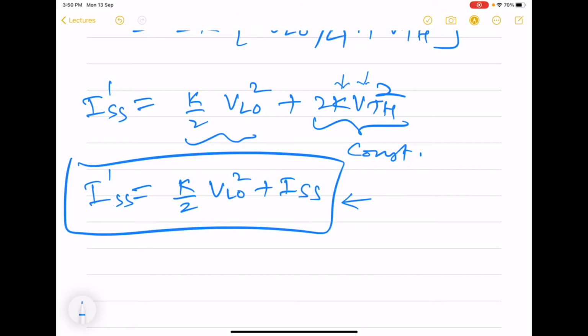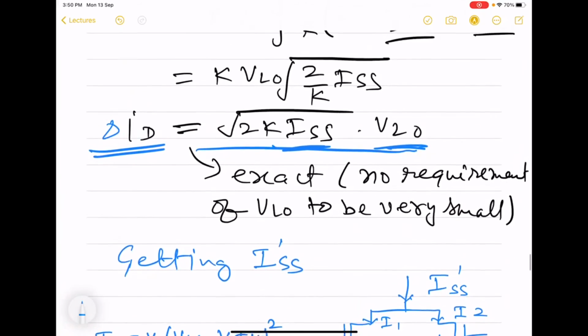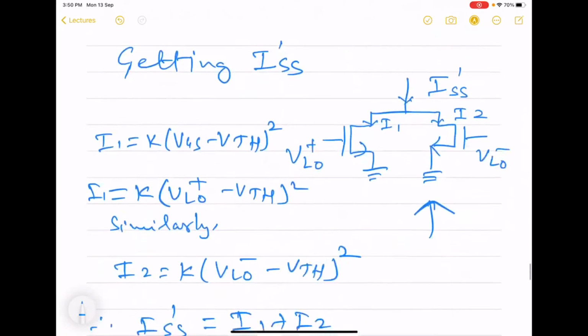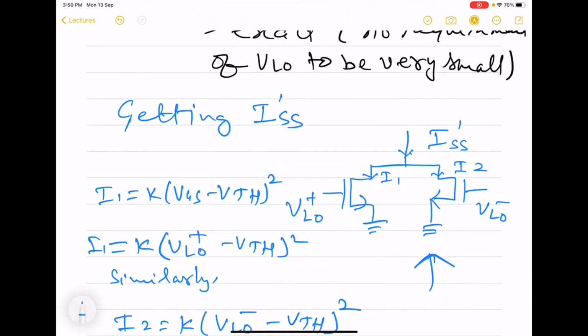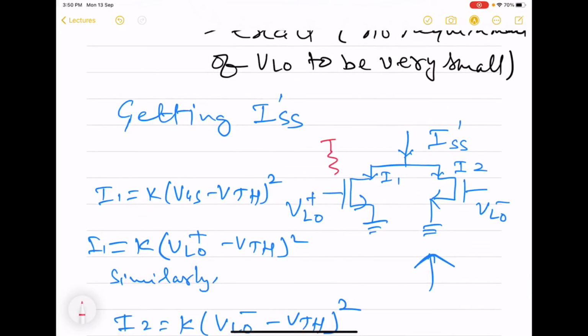So for that, what one can do is go to this circuit, and here add a common voltage to all VLO inputs. Suppose we modify our circuit like this.